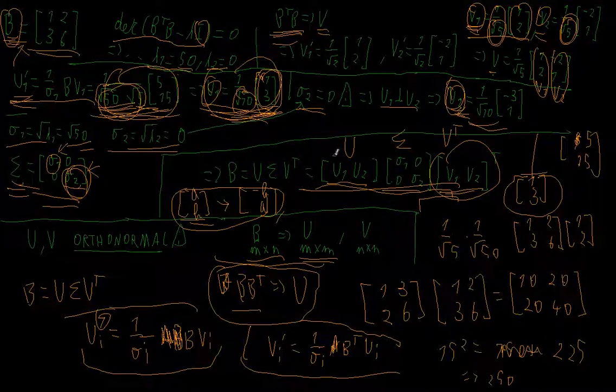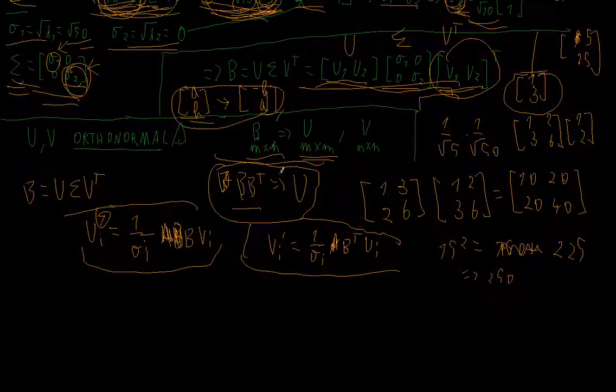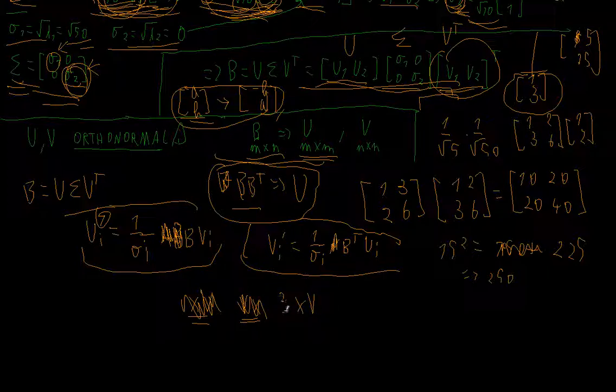The geometrical representation of what we did is this: we have some basis V, and a vector x expressed in this basis V. Then we apply B to it, and B does 2 things: it rotates and stretches.